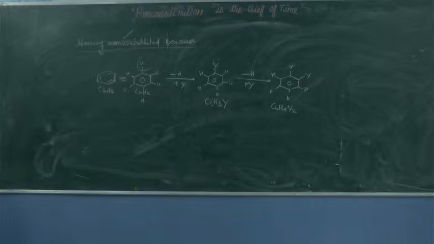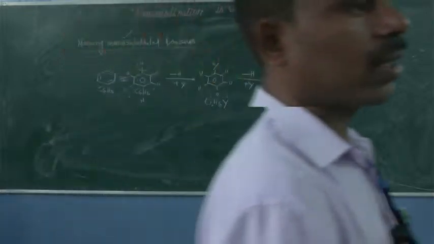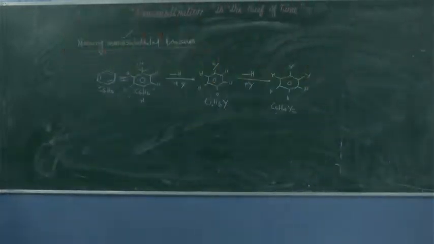Is it clear? So you have to track each and every carbon in the benzene, and you have to demonstrate and confirm that it is sp2 hybridized. Is it clear? Please make sure that it is going to be sp2, because you should have some clarity in this.